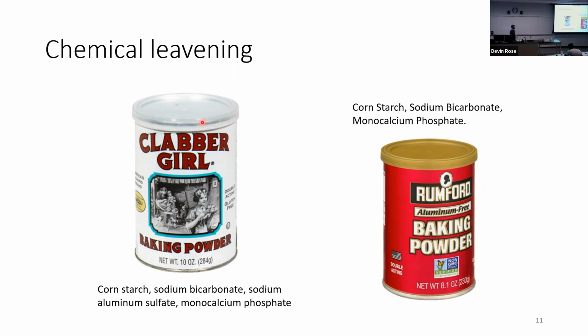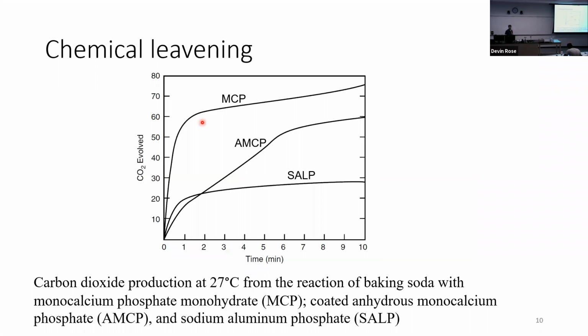So having both a slow and a fast-acting acid is very important for a couple of reasons. So the fast-acting acid, most of that carbon dioxide is going to be released within the first minute that you mix those 2 ingredients together. So if you think about making a cake or a bread or something that's chemically leavened, how quickly do we typically get that product into the oven once it's mixed?